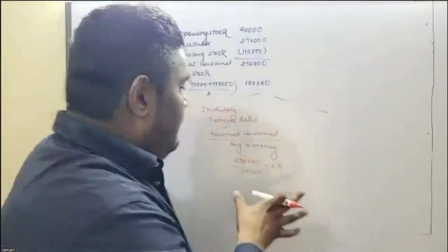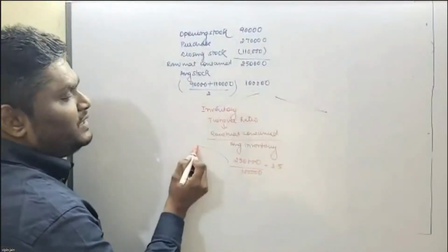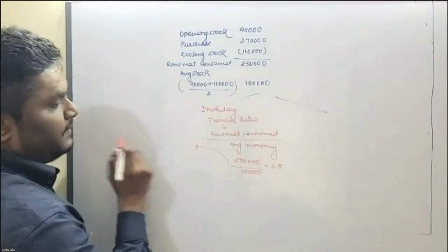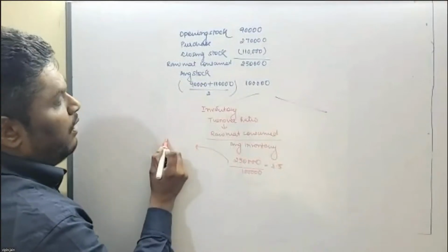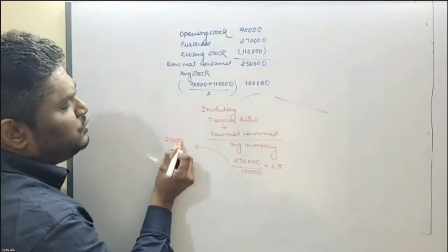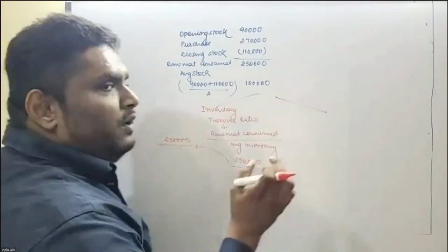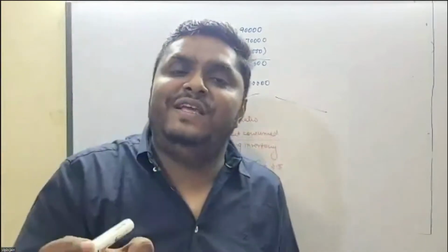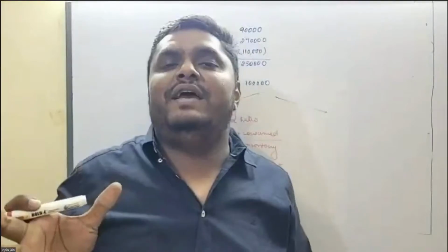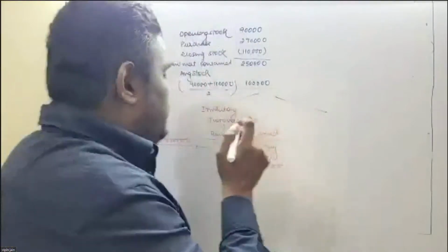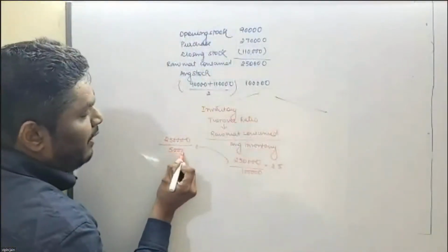Let's take a different situation. Let's say my raw material consumed is 2,50,000, but to consume 2,50,000, only 50,000 is the average amount of stock required.